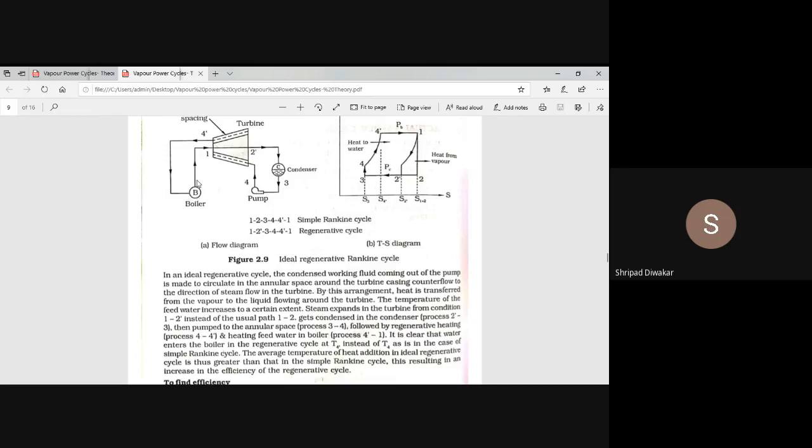Like that, we take the preheated water to the boiler, and then from the boiler the steam enters into the turbine.